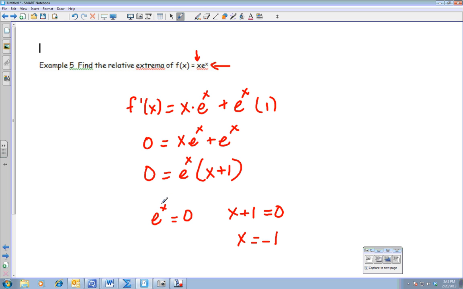If I plug 0 in, e to the 0 is 1. If I plug 1 in, e to the first is e. E squared is just whatever 2.7 squared would be. Do you see that there's never a number that I could plug in for x that's going to give me 0? Okay, it doesn't exist. So this part I don't have to worry about. And there's a relative extrema at x equals -1.